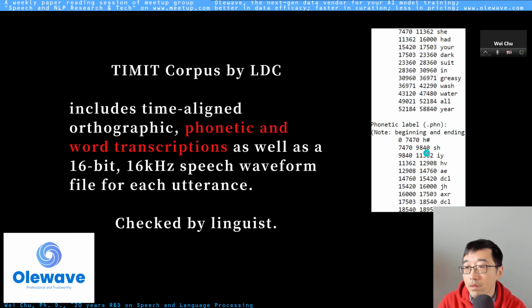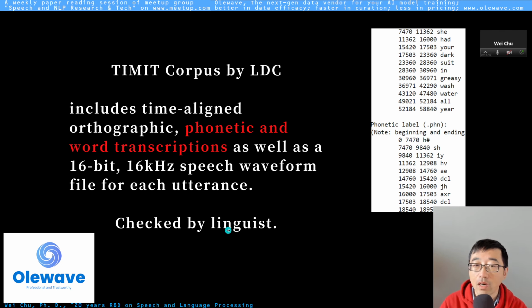So you may ask, how do you get this? Well, these things are first generated by running an algorithm called forced alignment, which is a machine learning based generation of these phoneme boundaries by leveraging the expectation maximization algorithm. But definitely, they are not right all the time.